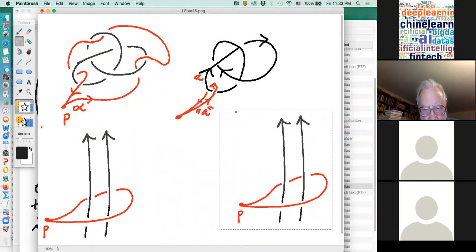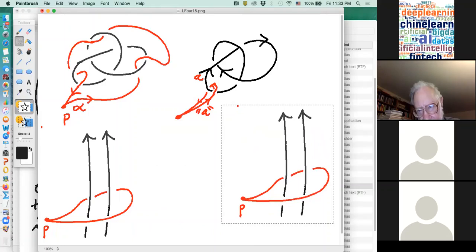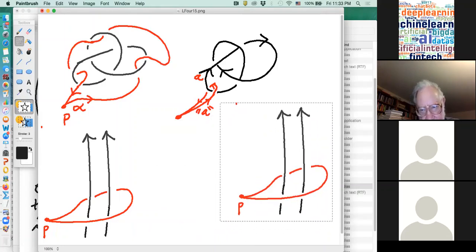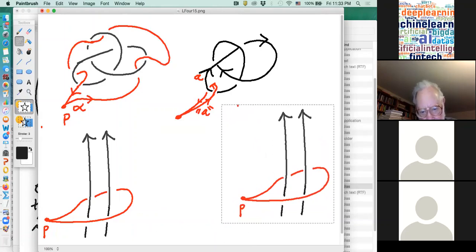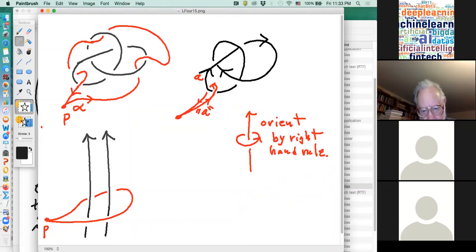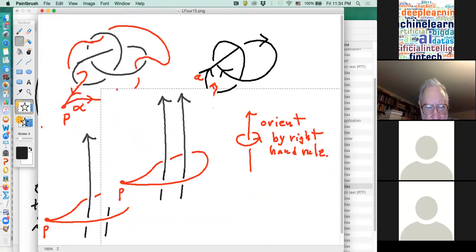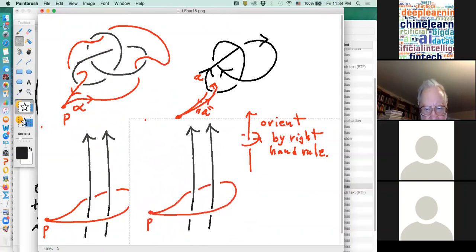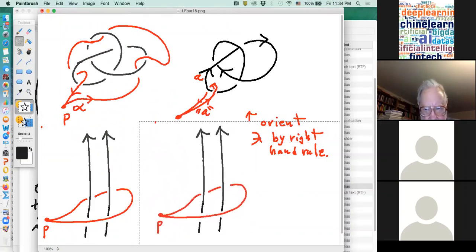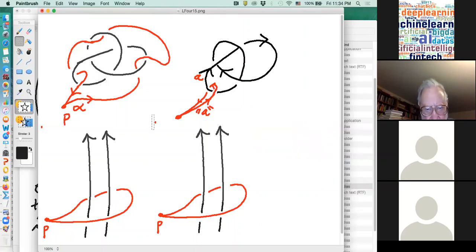I guess I will obliterate that orientation rule. Maybe there's no need to, but we need a little extra room here. Okay.